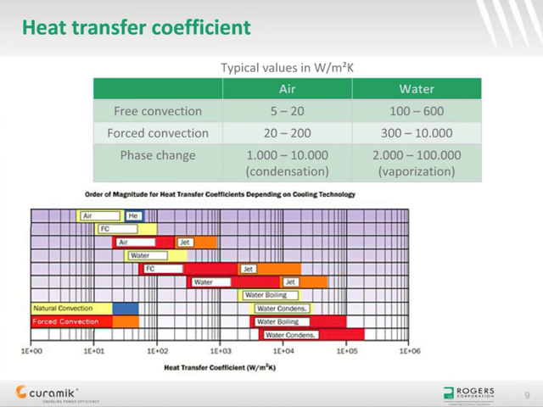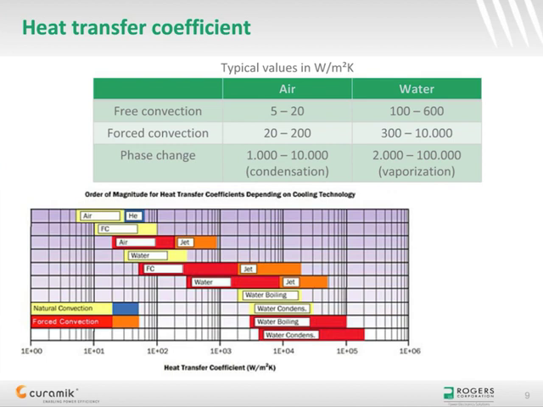Examples of liquid cooling solutions include cold plates and tubes, macro and micro channel coolers. Curamik products belong to the category of micro channel coolers and are meant to be operated with pumps under forced convection conditions. We will look at these products in a more detailed manner later on.